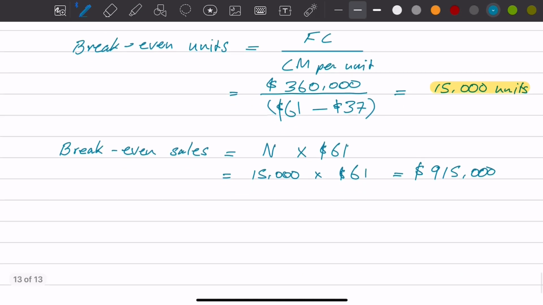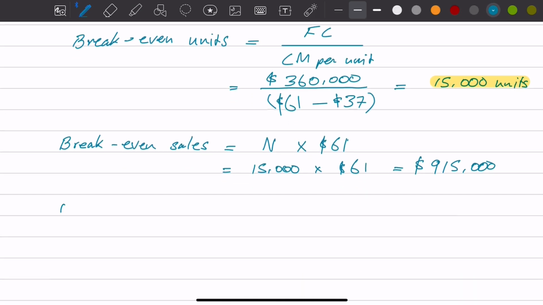Okay, so budgeted sales is going to be the expected quantity, which is 20,000 units, multiplied by the price per unit, which is $61. Okay. Go back to your calculator. $61 multiplied by 20,000. That's $1,220,000.